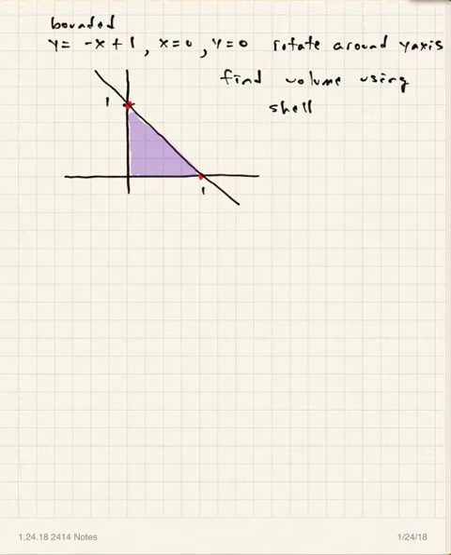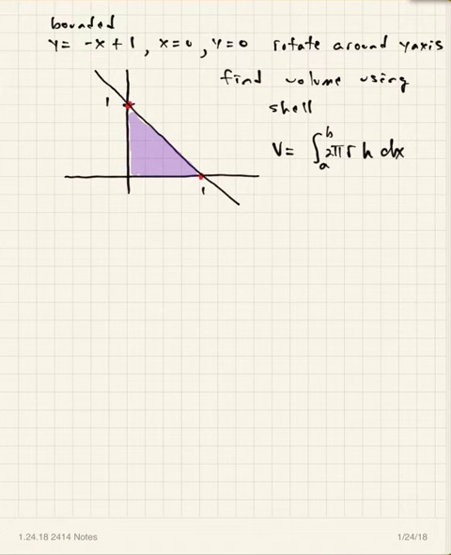All right, so we know that the volume using the shell method generally is given by this integral, the integral from a to b of 2 pi r, the circumference, remember that's what that represents, times height, dx or dy, depending on the problem.